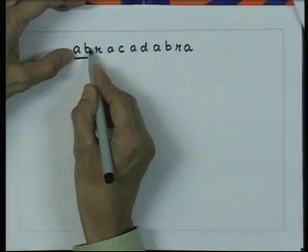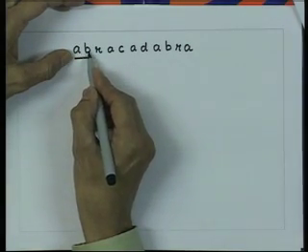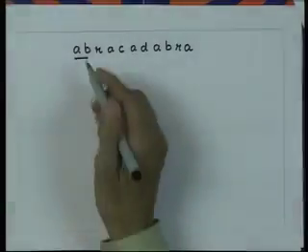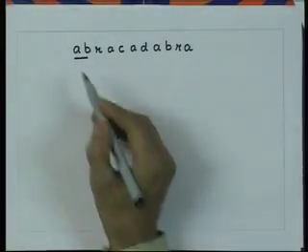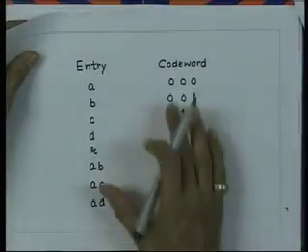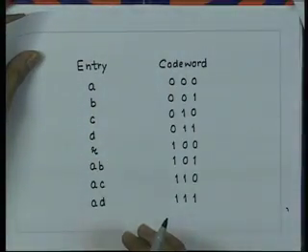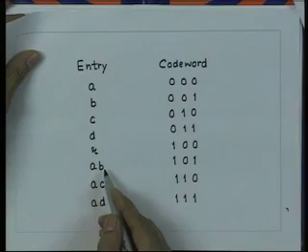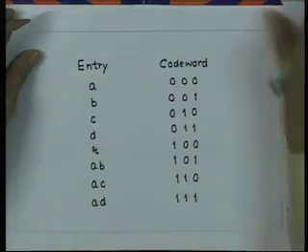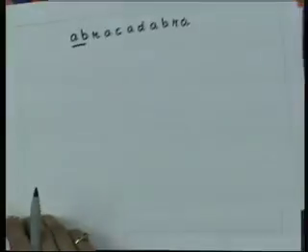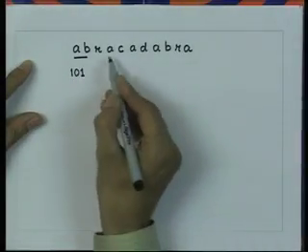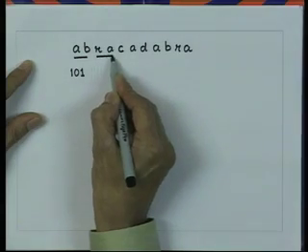Now check in the code whether a code word exists for this diagram AB. Now if you look in the code which we have designed here based on some knowledge, we find that the code word for the diagram AB exists, and that is 101. So we code AB as 101. The next diagram is RA.